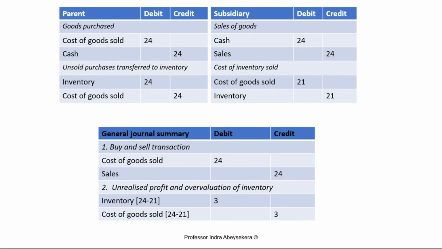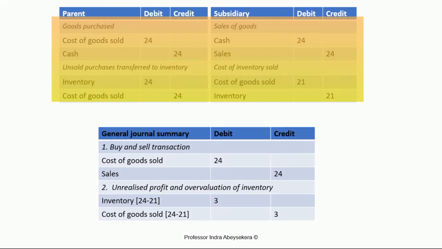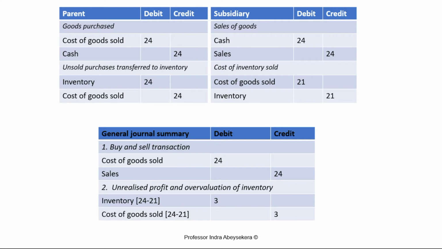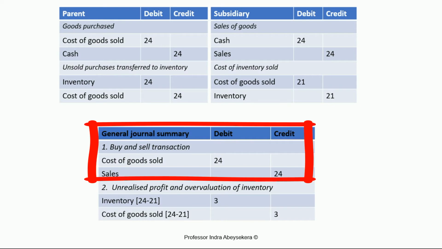At the moment, we are assuming that the inventory sold from the subsidiary to the parent is 100% held by the parent. So there are two things that occurred here. One is the subsidiary sold inventory to the parent, so we credit sales and debit cost of goods sold, because there's a sale transaction and a cost of goods sold transaction.